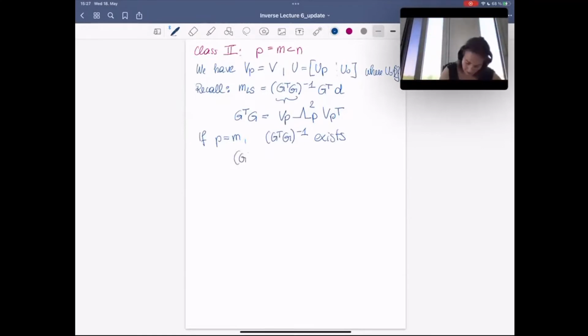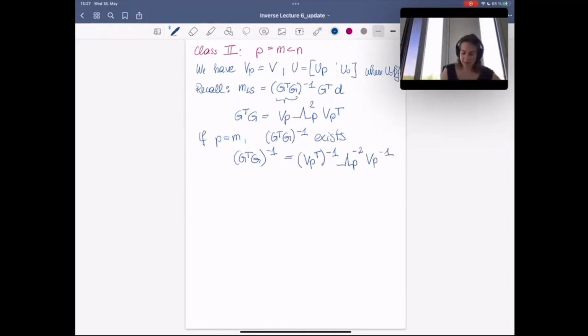G transpose G to the power of -1 equals Vp transpose to the power of -1, lambda p to the power of -2, Vp to the power of -1.